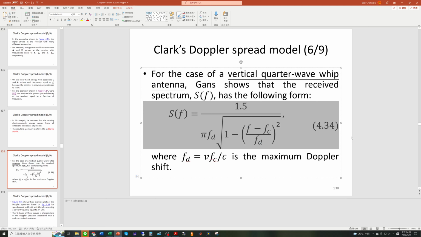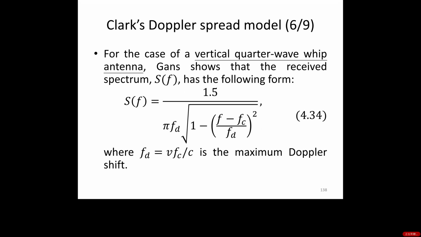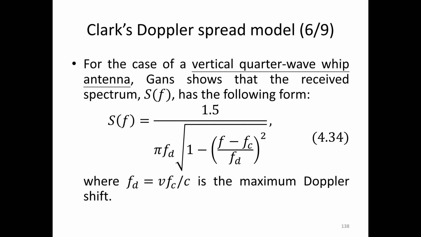Good. Where fd is equal to v times fc over c is the maximum Doppler shift. v is the speed of the mobile, fc is the carrier frequency, and c is the speed of light, which is approximately 3 times 10 to the power of 8 meters per second.